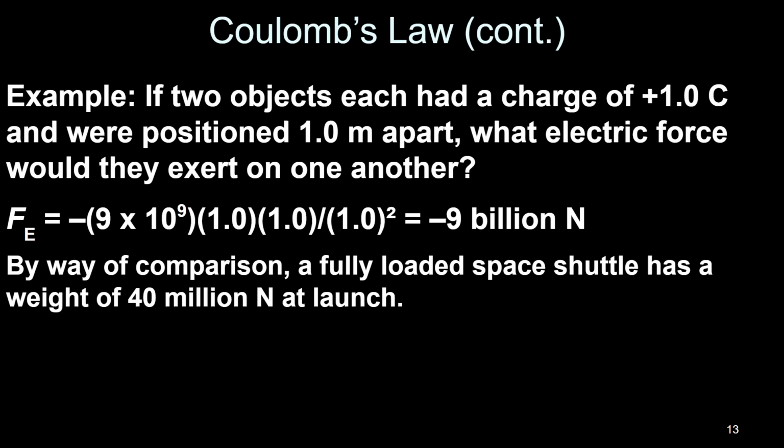So you would have Fe equals -9 times 10 to the power of 9 times 1 over 1 squared, which is -9 billion newtons. Which means that if you have two objects with a coulomb of charge each, you position them about 3 feet away from each other, and then you let the electric force do its thing, they will speed away from one another really, really fast. Like, jeez.